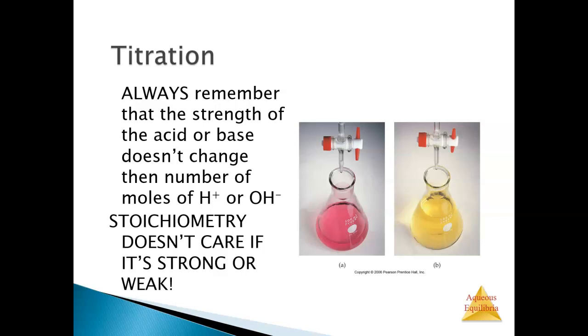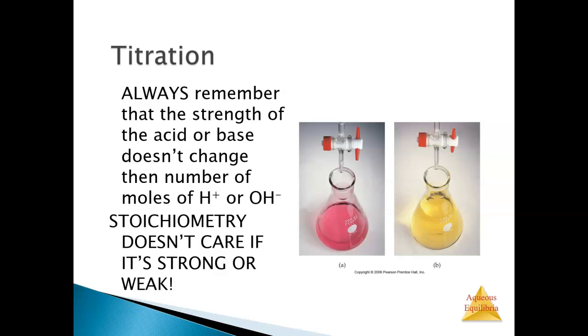If I have a 0.1 molar solution of HNO2, because that's a weak acid, most of it will not be dissociated initially. But as I react the dissociated H+, Le Chatelier's principle says I'm going to make more products and more products. And so I'll be able to keep reacting and reacting and reacting.